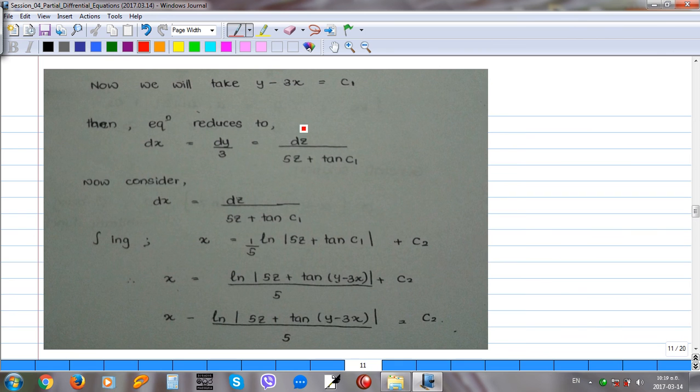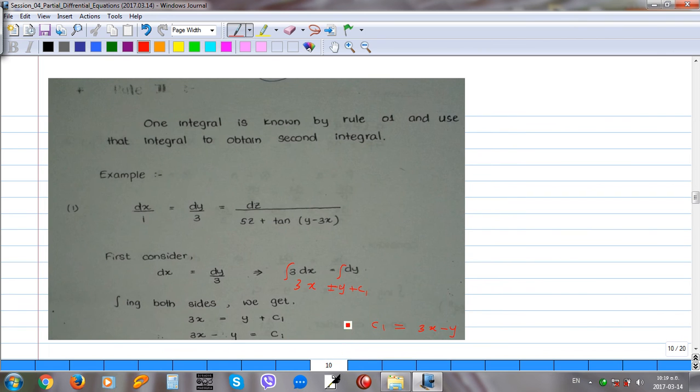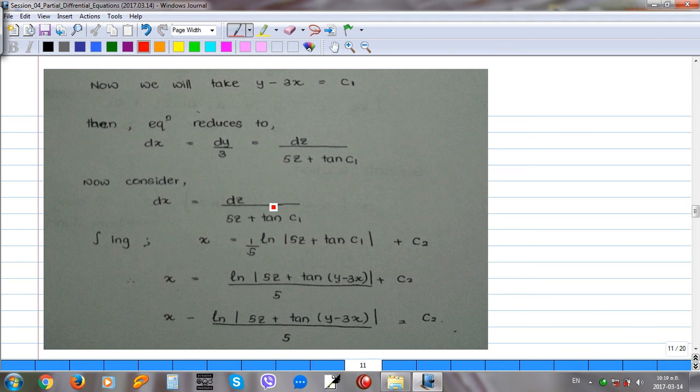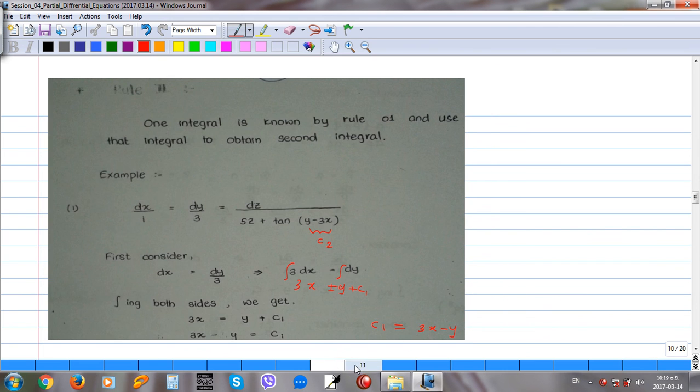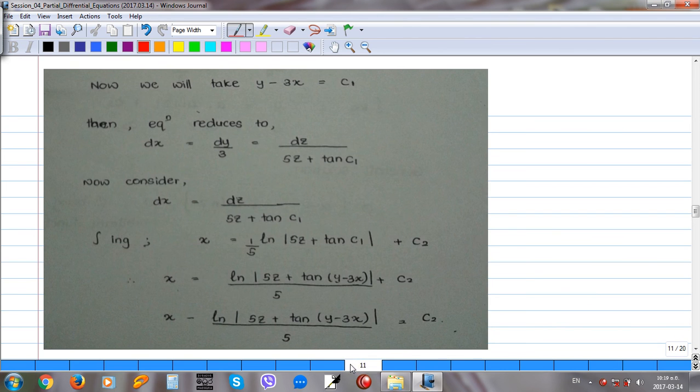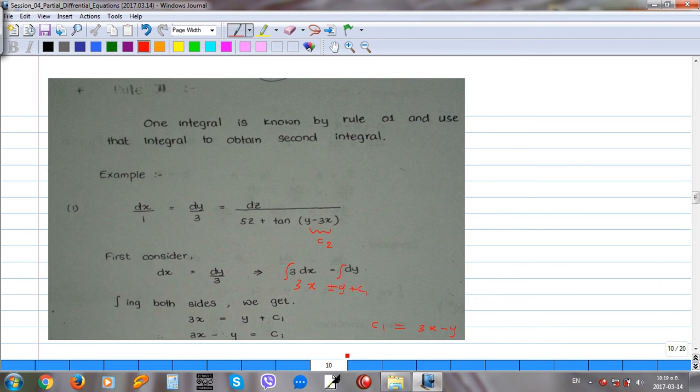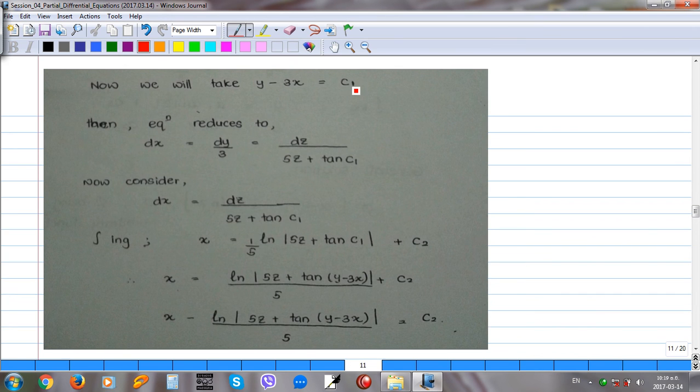Then consider this part as c2, right? We'll take y minus 3x, that we can take as c1, right?